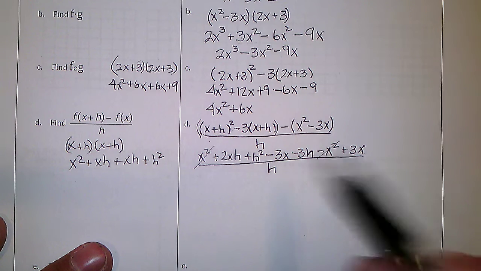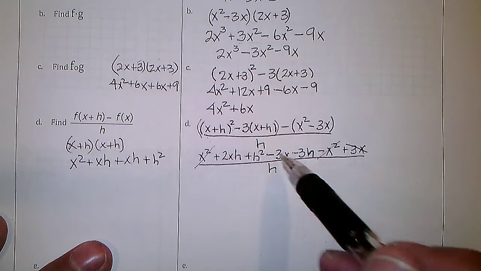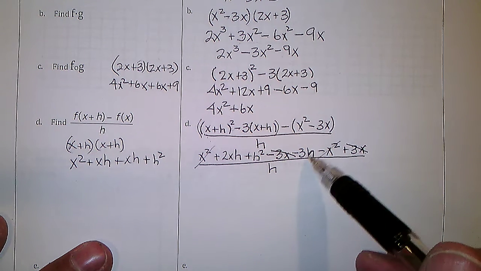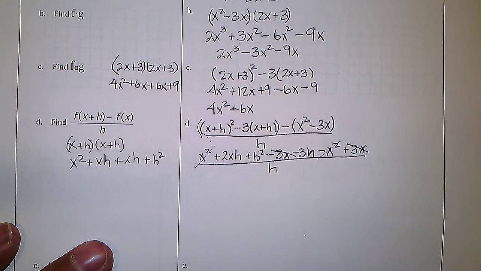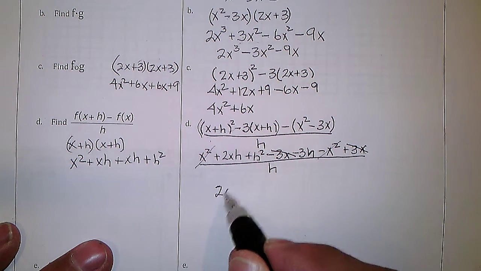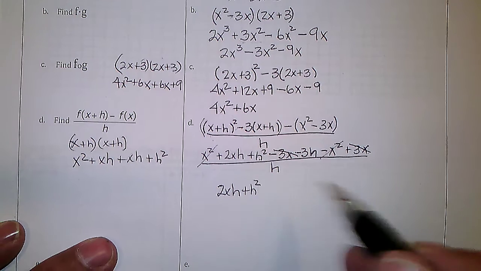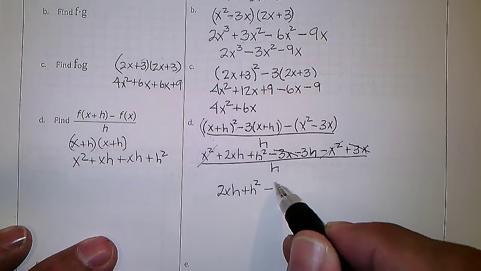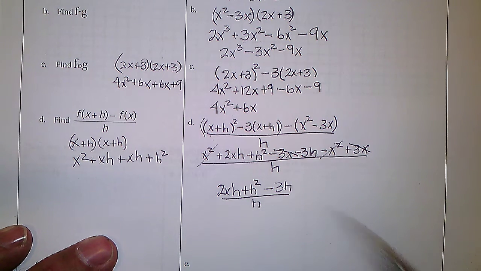I don't see one. Minus 3x, no h's in it? Oh, plus 3x. They should cancel. This has an h, so it doesn't have to. Is there another term with just h? Nope. So I get 2xh plus h squared minus 3h over h.